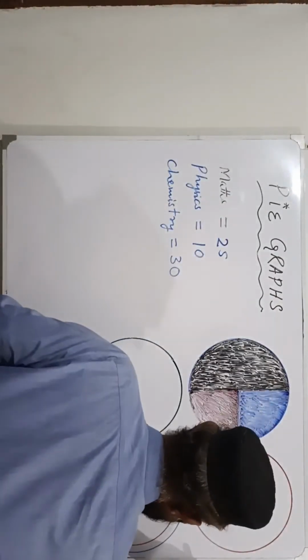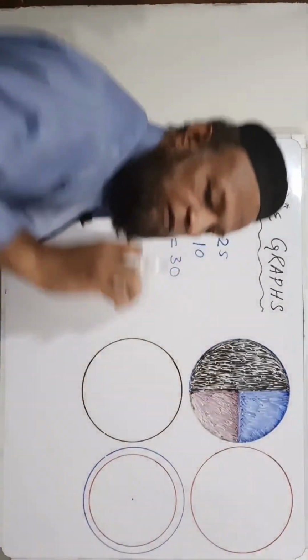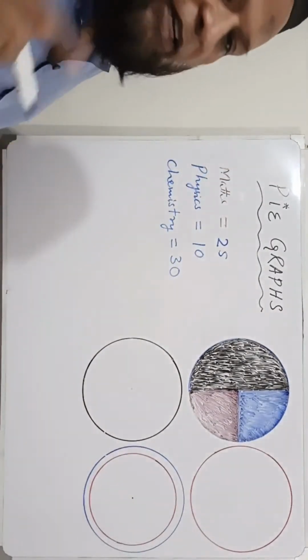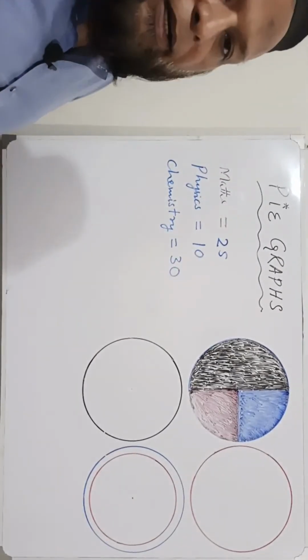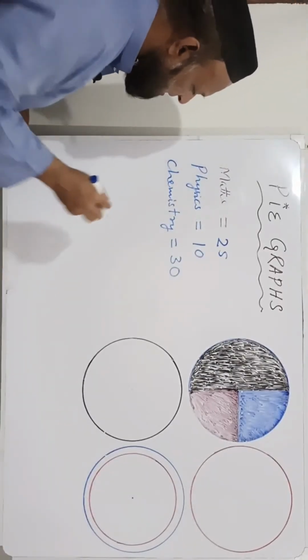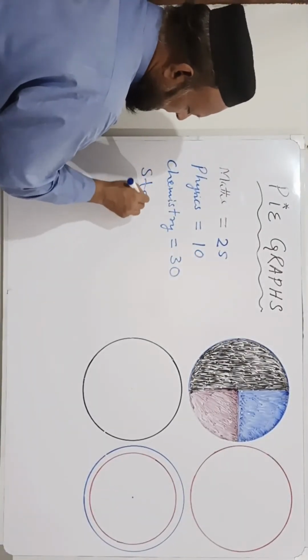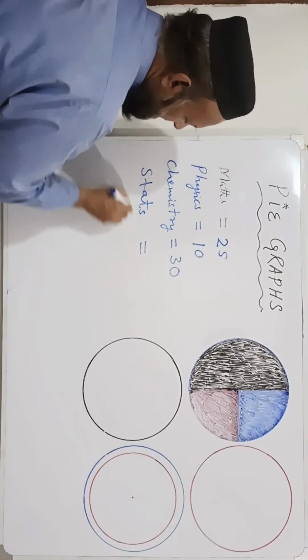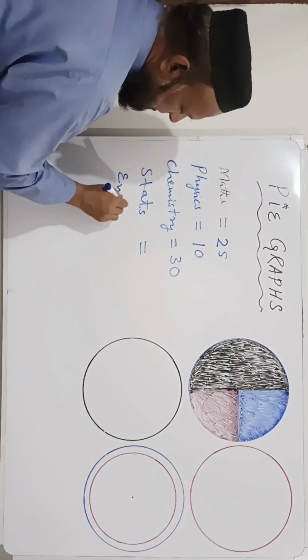There is a condition that each and every student should select only one subject. Okay, there are a total of 100 students. We have performed a survey and we got these results: stats and say English.